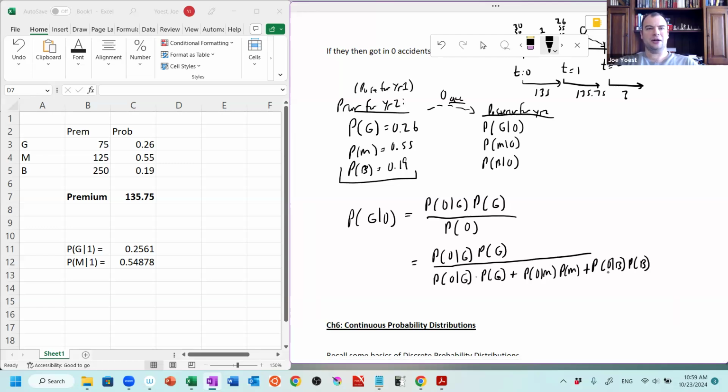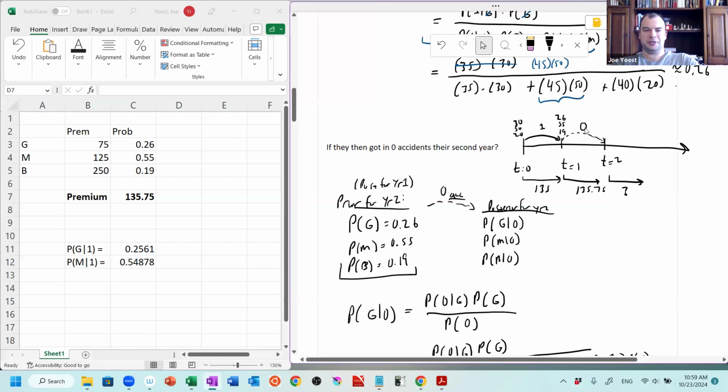So when I'm talking prior, I'm talking prior to the piece of information that I'm about to incorporate. So prior to the year 2 information of getting in 0 accidents, but we've already incorporated the year 1 information, that got in 1 accident in year 1, as well as our general understanding of the population.